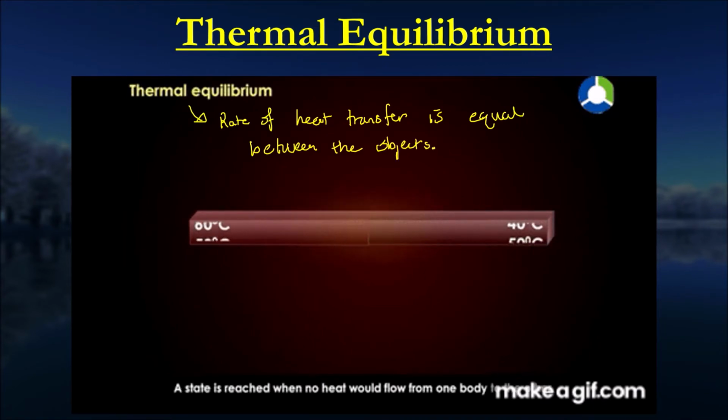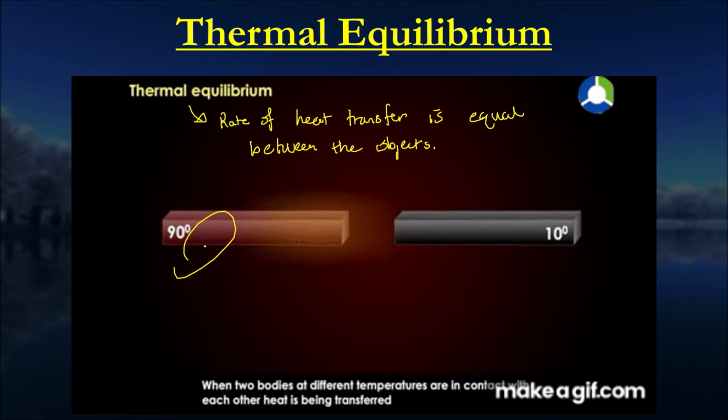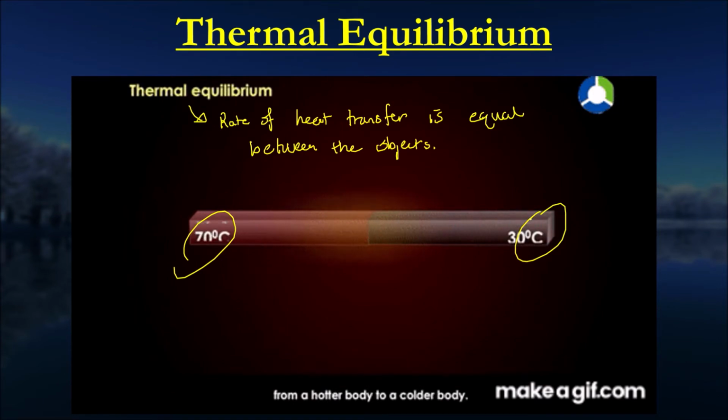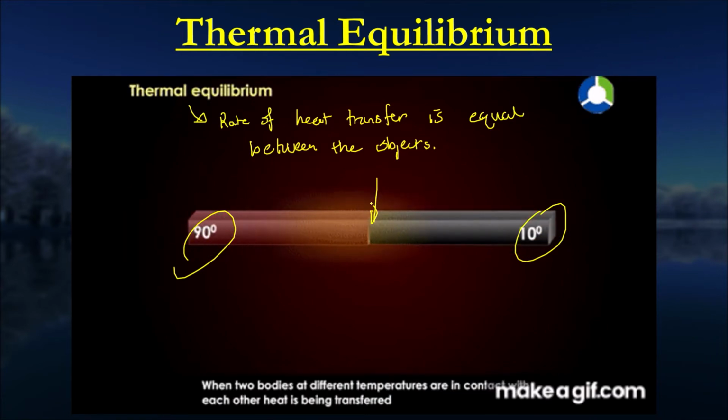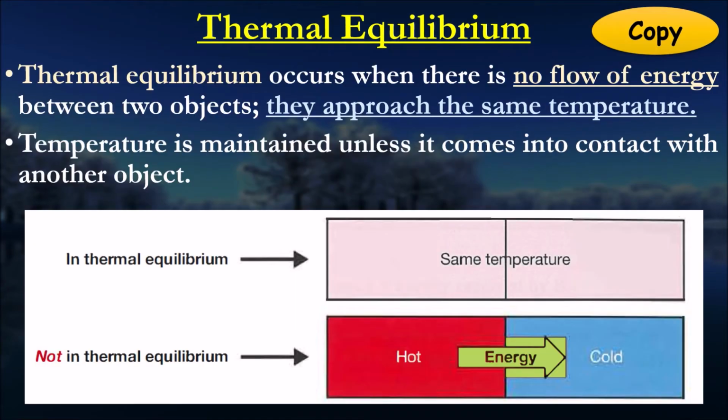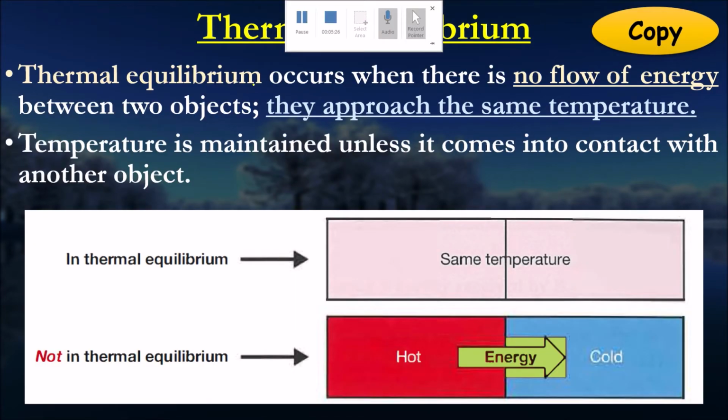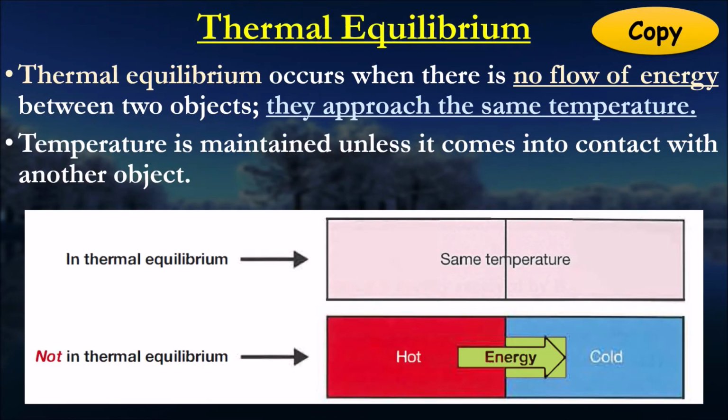The best way of knowing if we've reached equilibrium in terms of heat is temperature, right? If we have the same temperature of 2 objects in direct contact with each other, we know we've reached thermal equilibrium. So thermal equilibrium occurs when there is no flow of energy between the two objects.